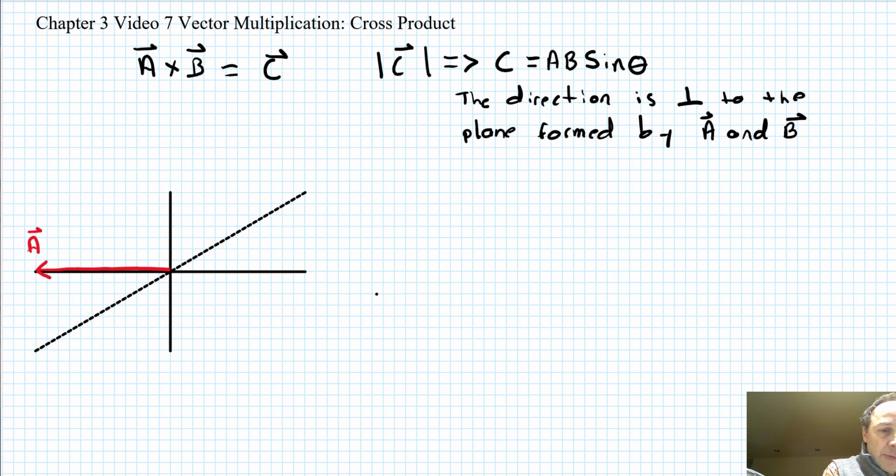We're going to call this vector B. And in between, we have this angle theta. Then C is perpendicular to the plane formed by these two vectors.